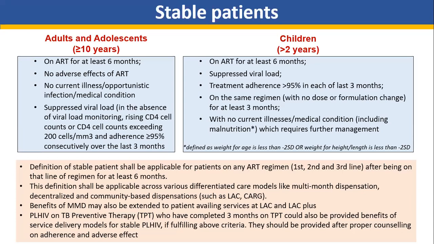Under the children category, those above 2 years of age who are on ART for at least 6 months and who are virally suppressed, with adherence of more than 95% for at least the last 3 months, and who are on the same regimen, with the treatment regimen not changed for any reason, and there is no current illness, opportunistic infection, or any other medical condition which requires a repeat visit or further follow up in the clinic, will be categorized as stable PLHIVs.